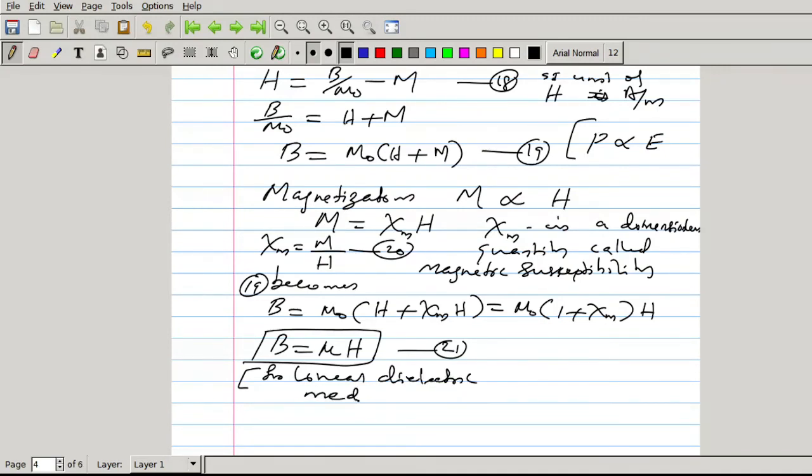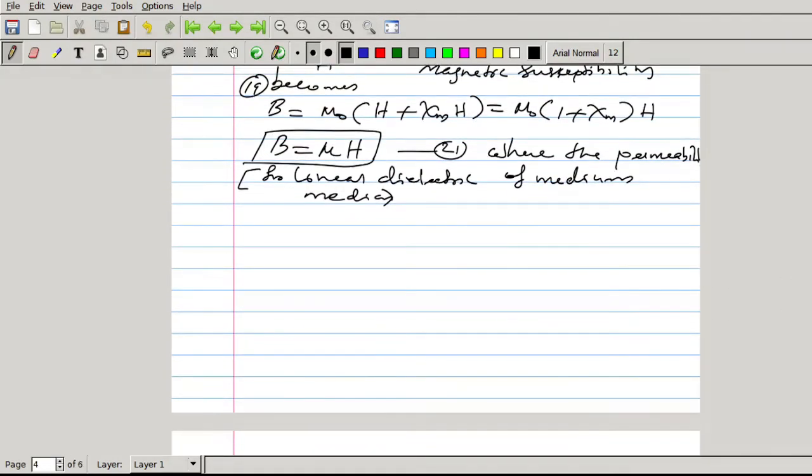For linear dielectric media, we can write B equal to mu H, where the permeability of the medium mu equals mu 0 into 1 plus chi m. This is equation number 22.